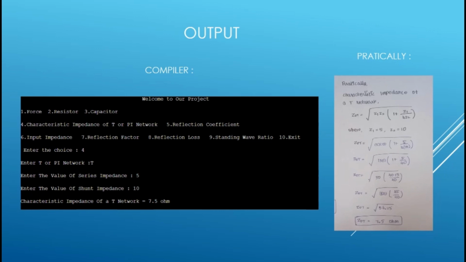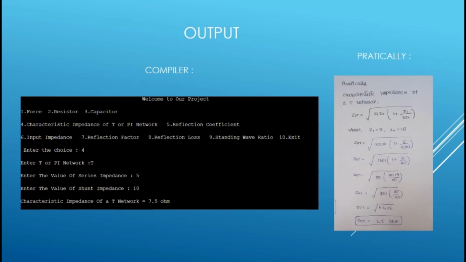Another output: in the compiler, it will ask several options such as force, resistor, capacitor and so on, and it will ask the choice. Enter the choice equal to 4. Choice 4 is the characteristic impedance of T or pi network. It will ask to enter T or pi network.